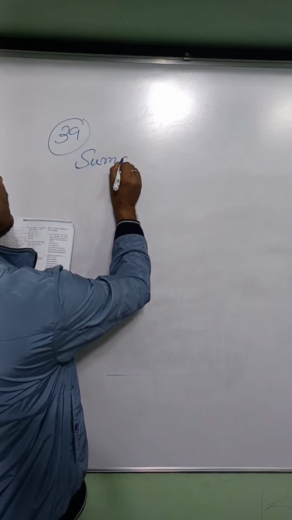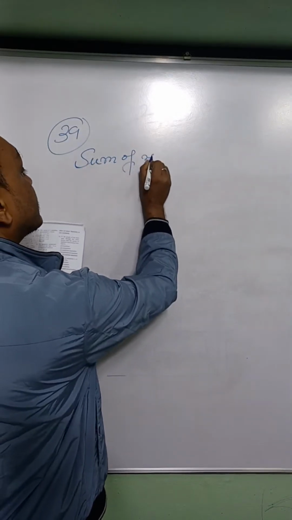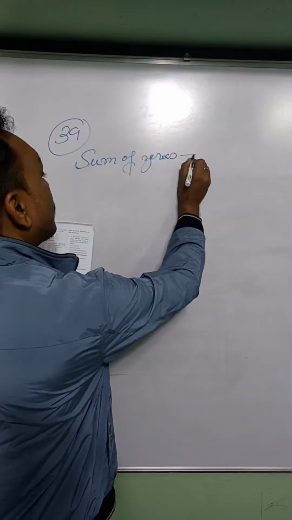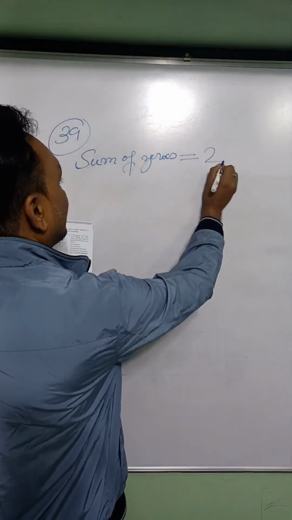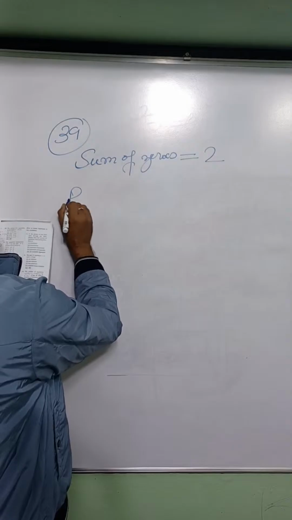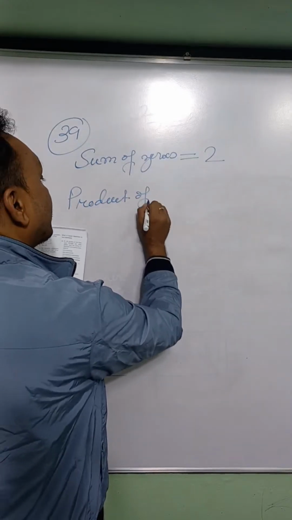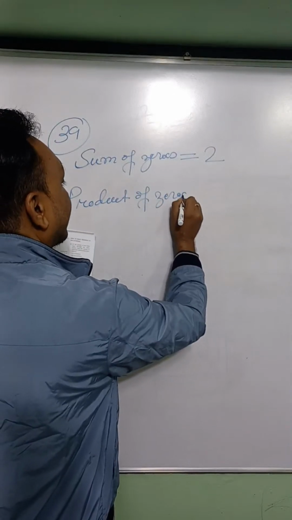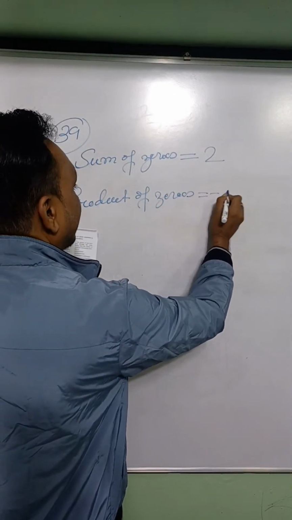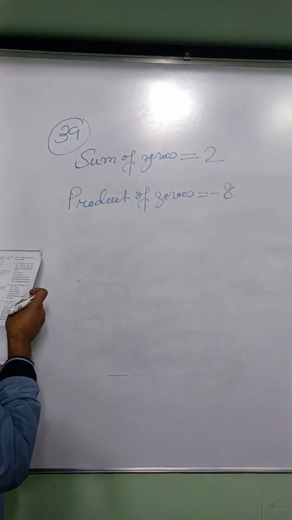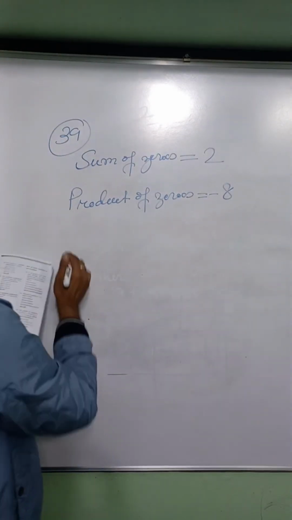Sum of zeros is equal to 2, and product of zeros is given. These are the two things given to you. You have to find the quadratic polynomial.